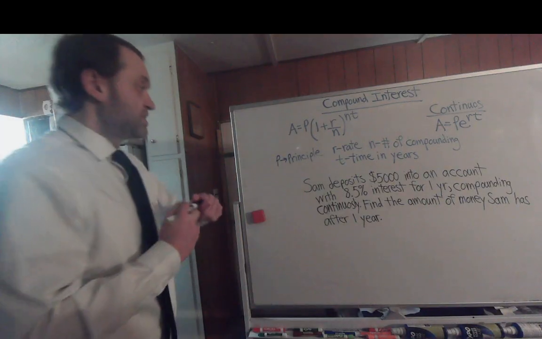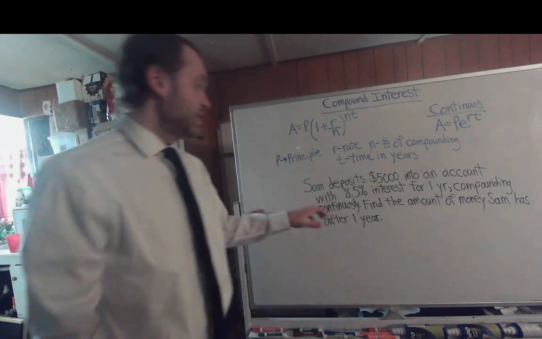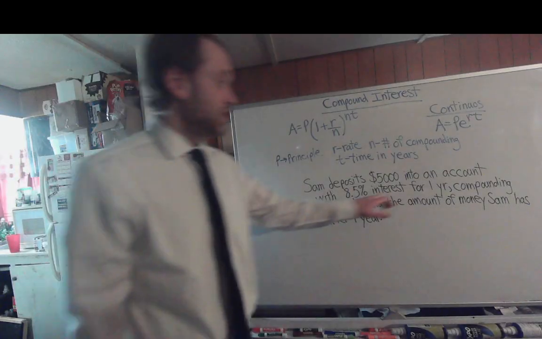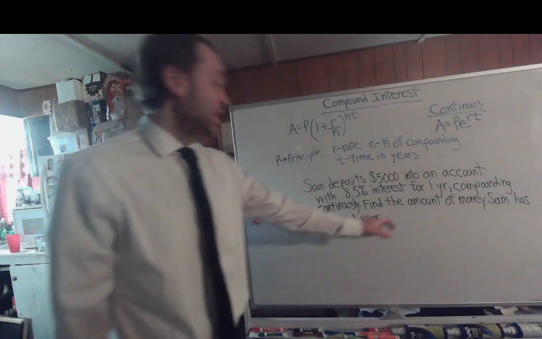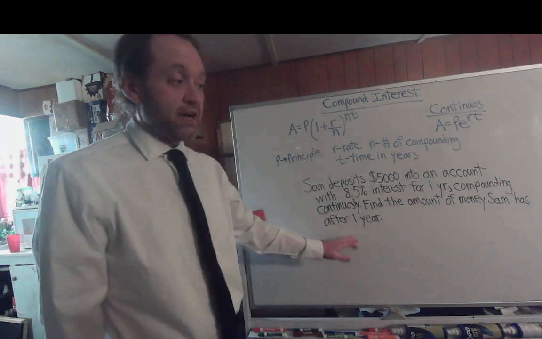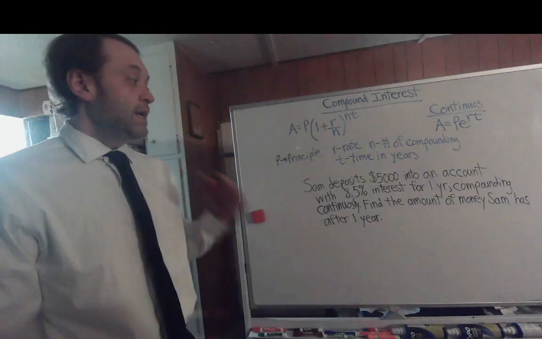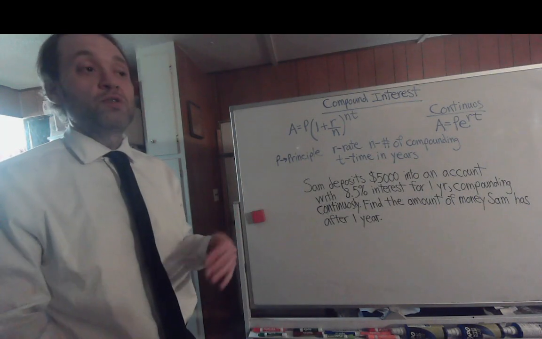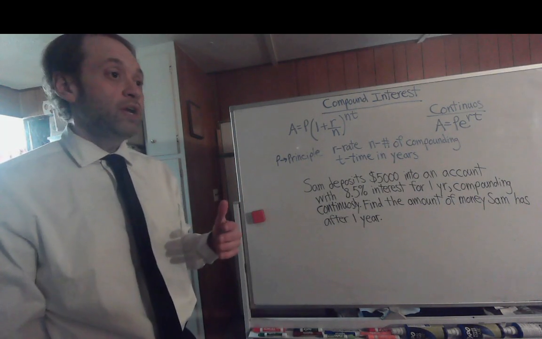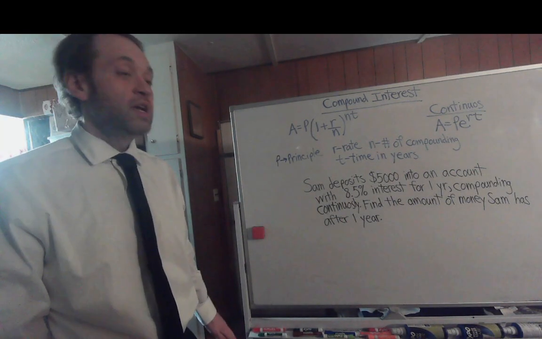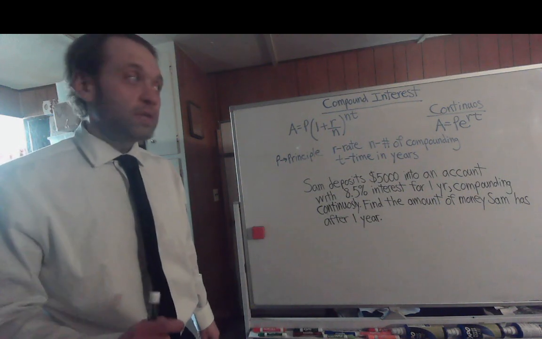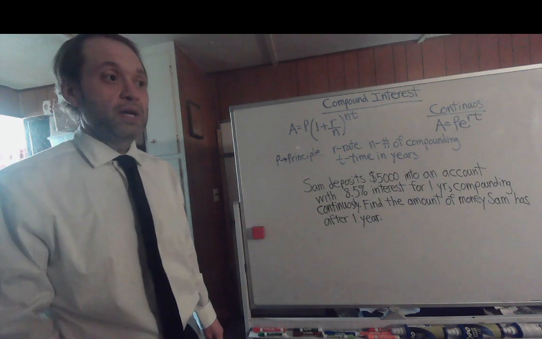Sam deposits $5,000 into an account with 8.5% interest for 1 year, compounding continuously. Find the amount of money Sam has after 1 year. So it's compounding continuously. So from start to finish for that whole year, it never stops compounding, not even for a second. There is a different formula for continuous compounding.